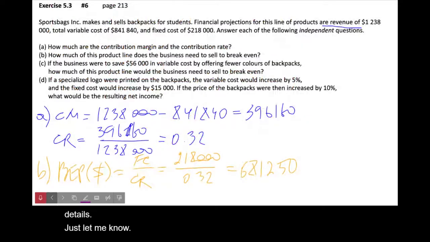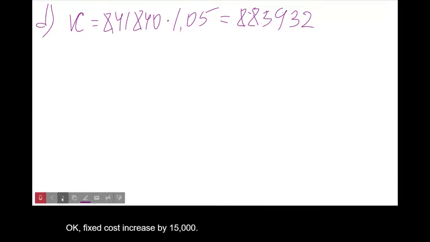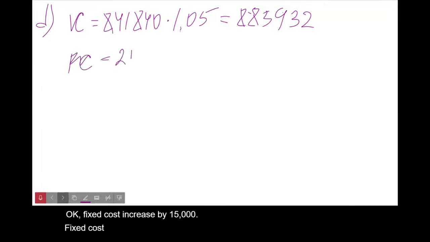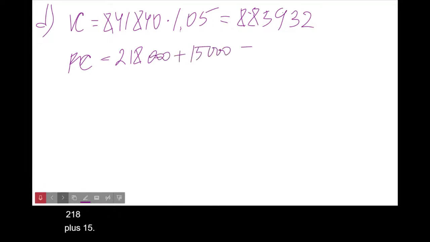Okay, fixed cost increased by 15,000. Fixed cost is 218 plus 15. Yeah, 218, sorry, what's the 1.05? Okay, in a moment.